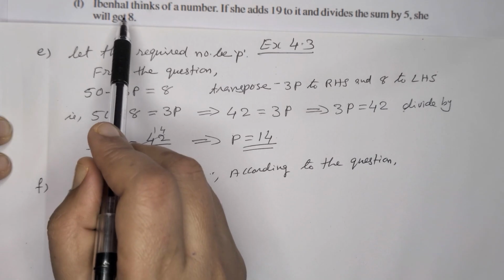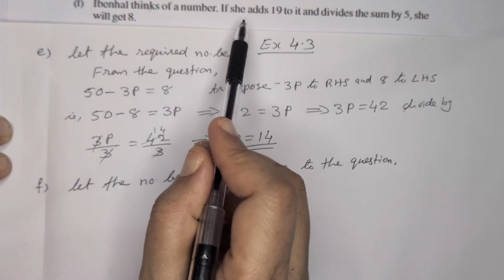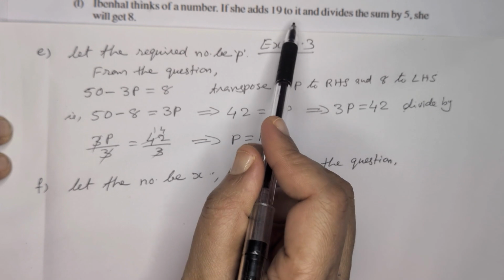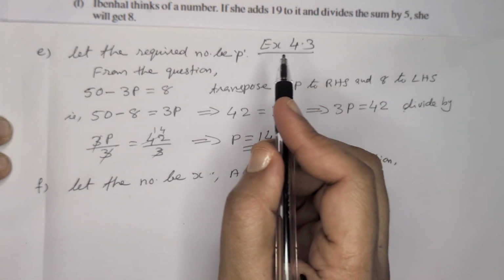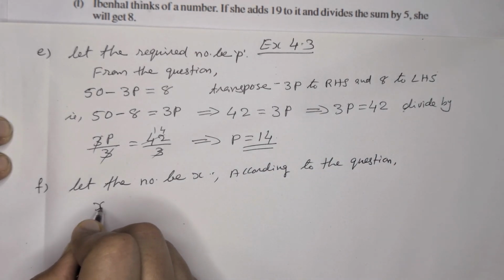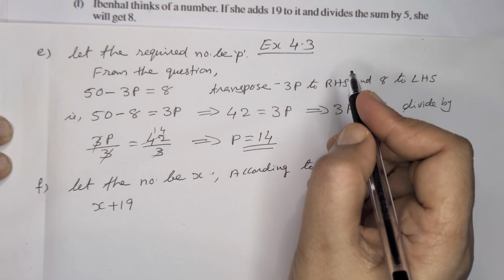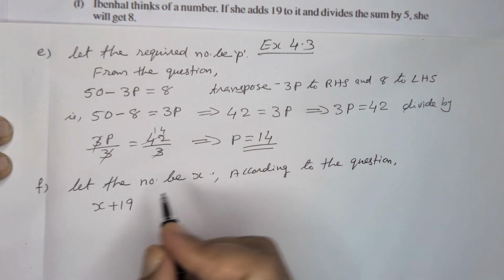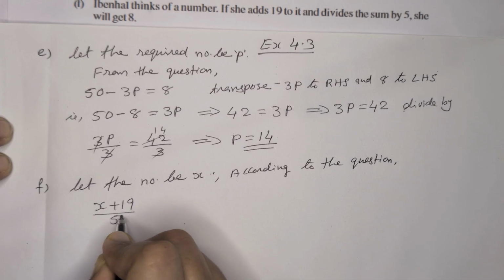F. Ibn Hal thinks of a number. So let the number be x. If she adds 19 to it, that means x plus 19. Then she divides the sum by 5. After adding, divides by 5.